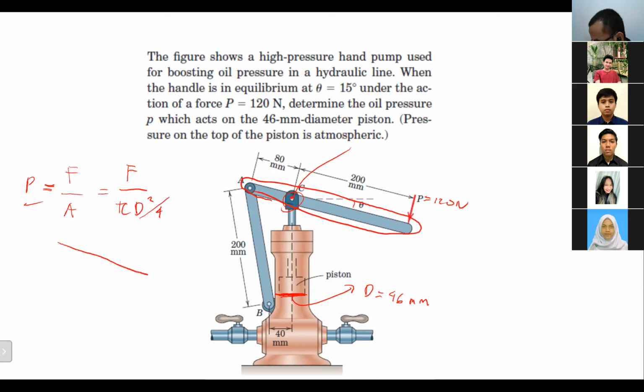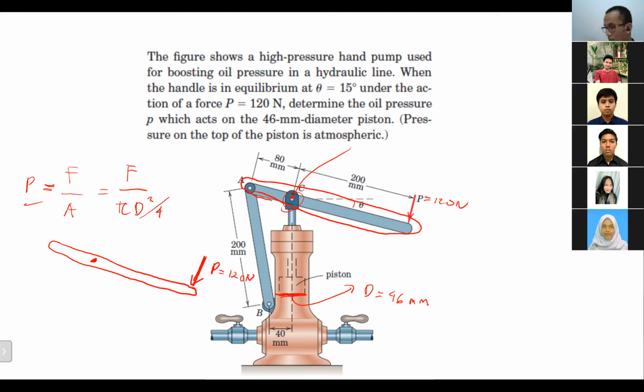So this is the member. And at point C, there is a joint, and we have force P here. Sorry, the force P is 120 Newton.